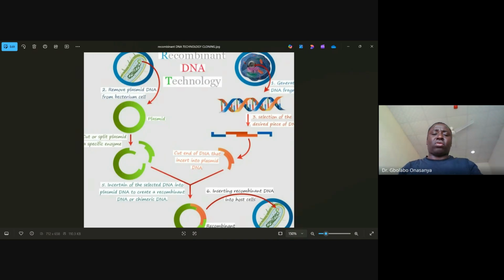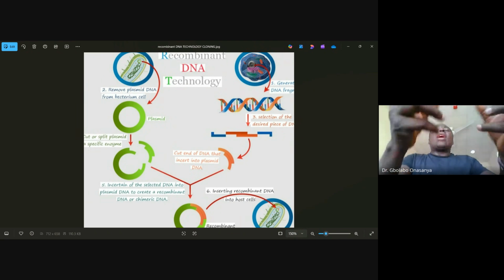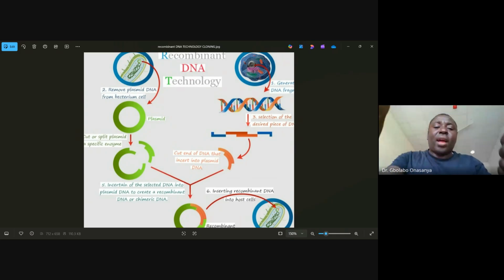Yesterday I talked about vectors, bacterial vectors and viral vectors, and I gave examples of them, and of genetically engineered vectors like YAC and BAC, bacterial artificial chromosomes. Now, when you have got all these materials set in the lab, we need a plasmid as a vector, a carrier, to carry the foreign DNA.